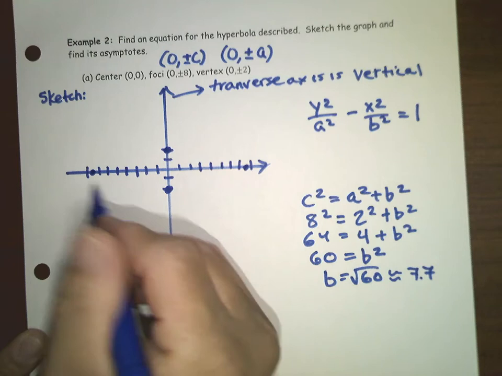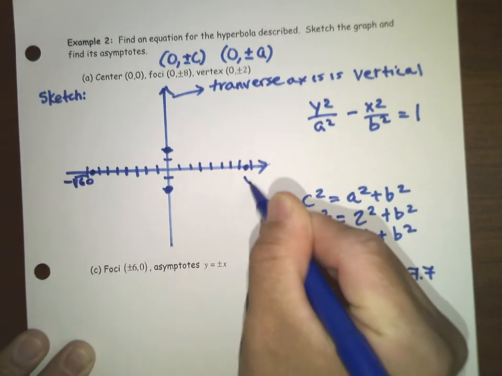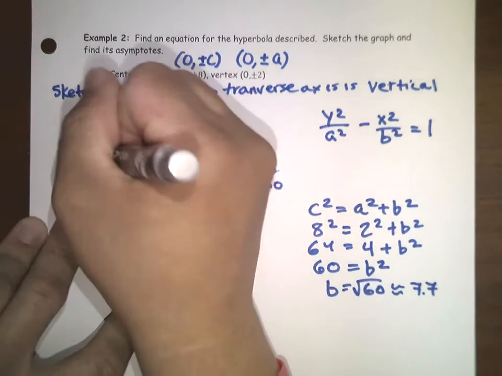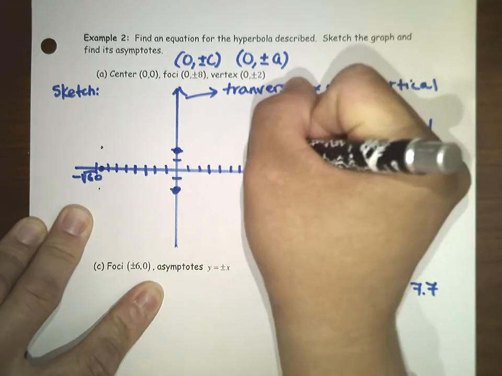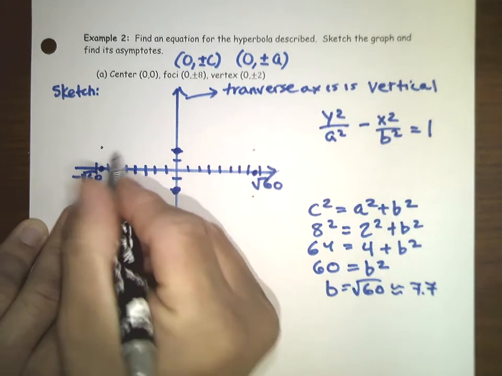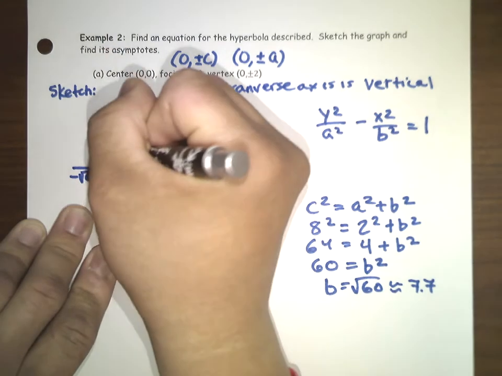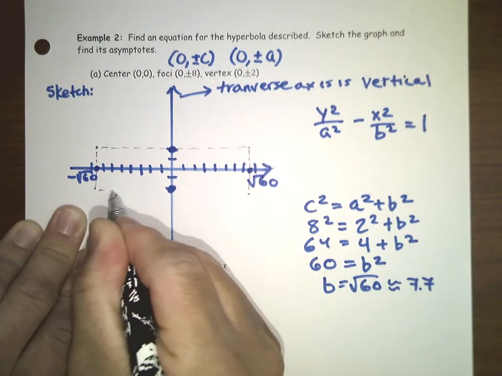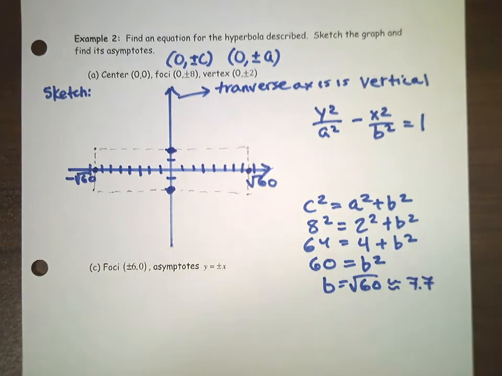So this is the negative square root of 60, and here is the square root of 60. Then I can draw my fundamental rectangle or central box pretty easily. So let's just draw in my box here, and then I can go ahead and draw in the asymptotes.